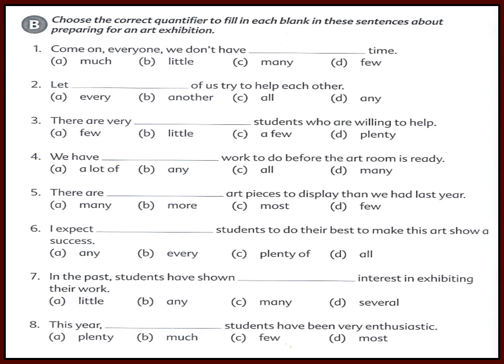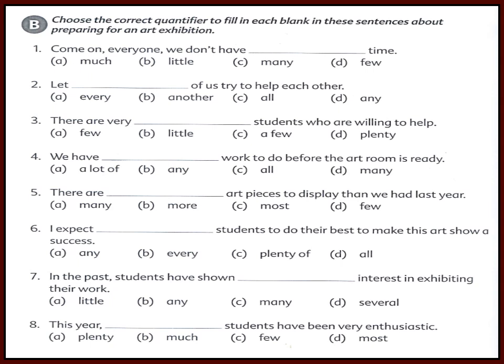You can consider them a continuous paragraph, but these are given in the form of sentences. So the first sentence I am reading here: come on everyone, we don't have dash time. Come on everyone, first of all, everyone, every, right?